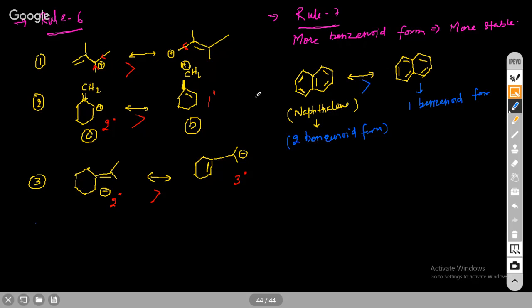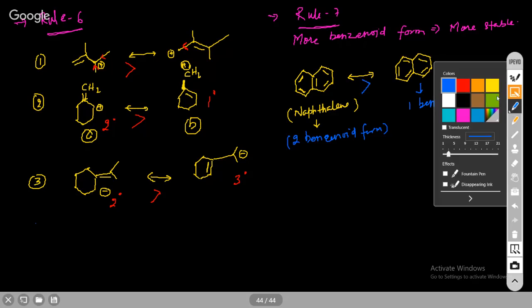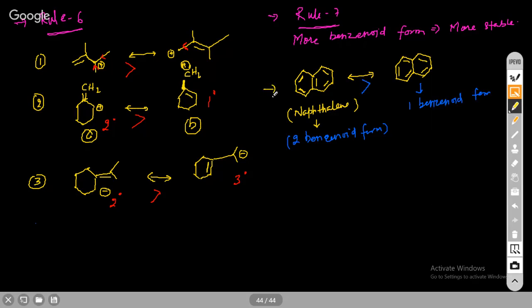Okay. Another one, the same kind of example you see. Anthracene. The structure of anthracene is this. We have three rings here. 1, 2, and 3. With one double bond here, double bond, double bond. Oh, sorry. Just a second.